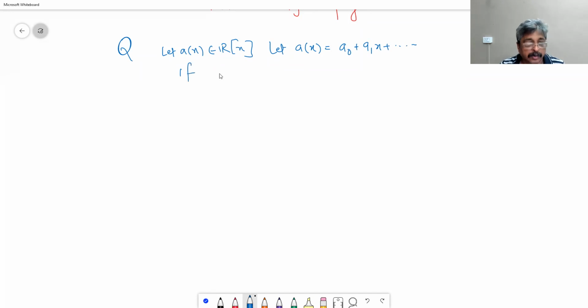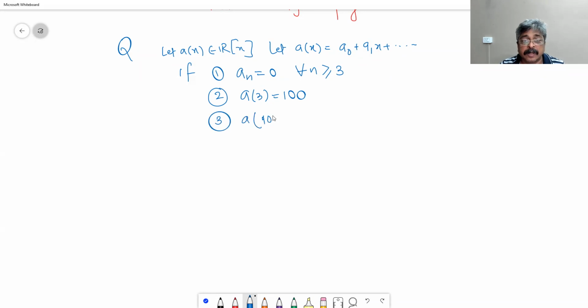If an is equal to 0 for every n greater than or equal to 3, a of 3 is equal to 100, a of 10 is equal to 100, a of 30 is equal to 100. Then find a of x.